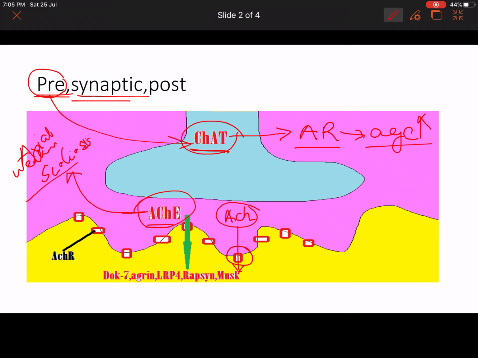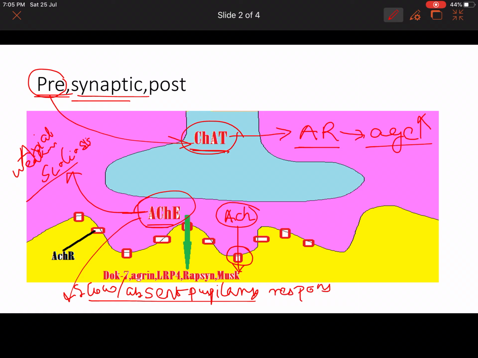And one characteristic feature which has been asked multiple times in the exams is that in patients with acetylcholine esterase deficiency, you have slow or absent pupillary responses. So if you do the light reflex in these patients, slow or absent pupillary responses.